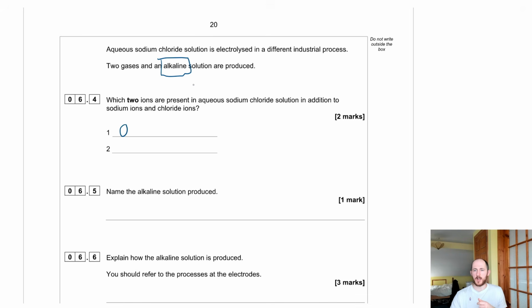It's OH minus, hydroxide ions. And we're also going to have some kind of acid being produced. That's produced by H plus ions. Remember, the water itself is going to split into OH minus and H plus. The OH minus makes it alkaline, the H plus makes it acidic. In this case, there just happens to be more OH minus than H plus.